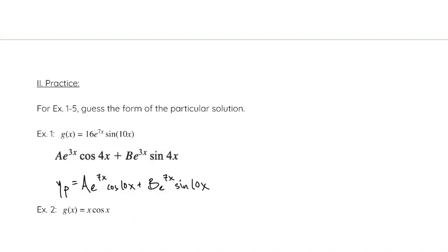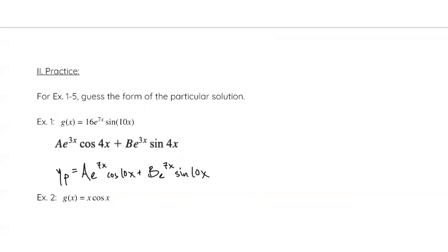Okay. Now, one important piece to notice here is this 16, we actually don't really worry about that. The reason we don't worry about that is the same reason that we have not been worrying about our individual constant values as we go along, because that actually gets taken care of in terms of the a and the b. Okay. Now, some people like to distribute it out.